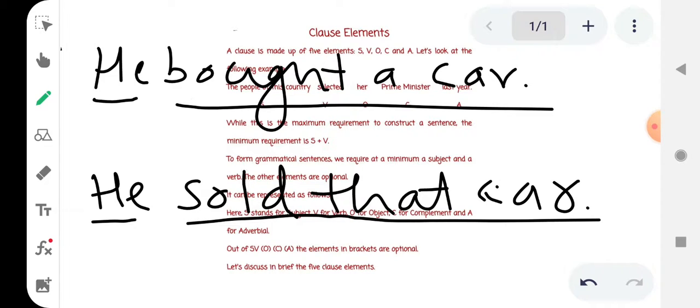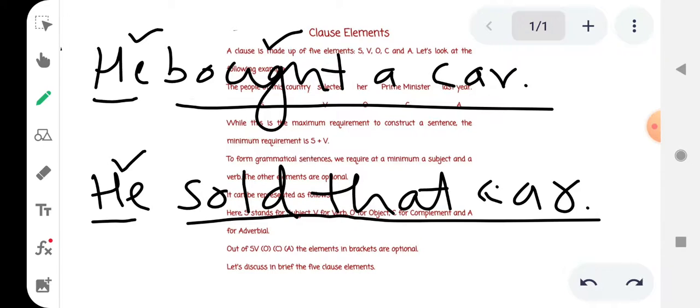As there is only one subject and only one predicate, this is one clause. This is one clause sentence. Same here, there is only one subject and only one predicate.